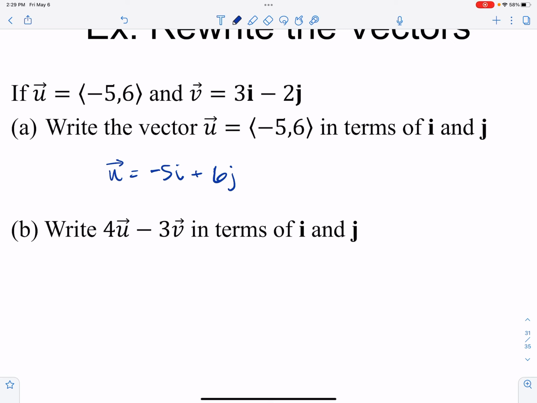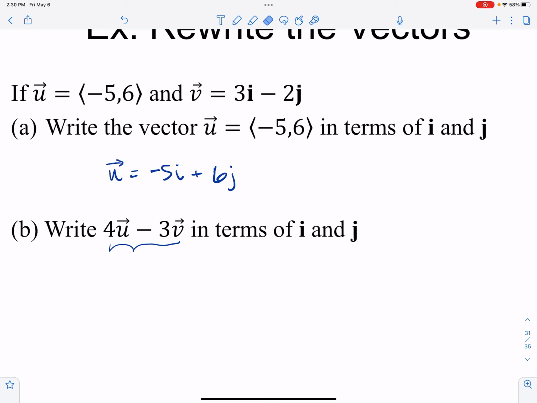Okay, and then we can also write the new vector that's created by multiplying vector u by 4 and then subtracting vector v, which is being multiplied by 3. We can do that in terms of i and j.